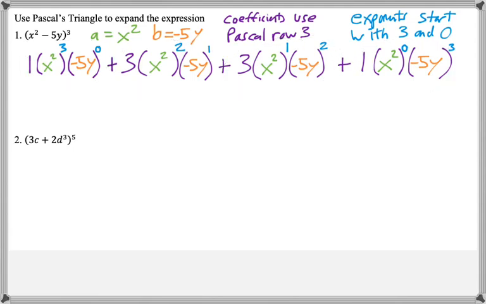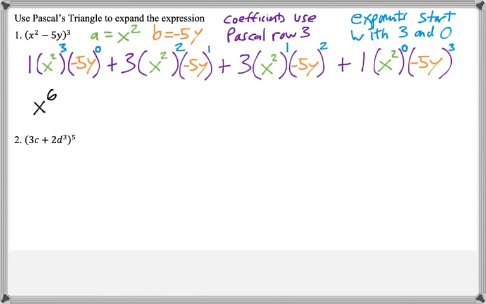So the first term, the coefficient is going to be 1 because it's 1 times negative 5 to the 0, and negative 5 to the 0 is just 1. X squared cubed is x to the 6th, and y to the 0 is just 1. So we actually don't even need to put that one.